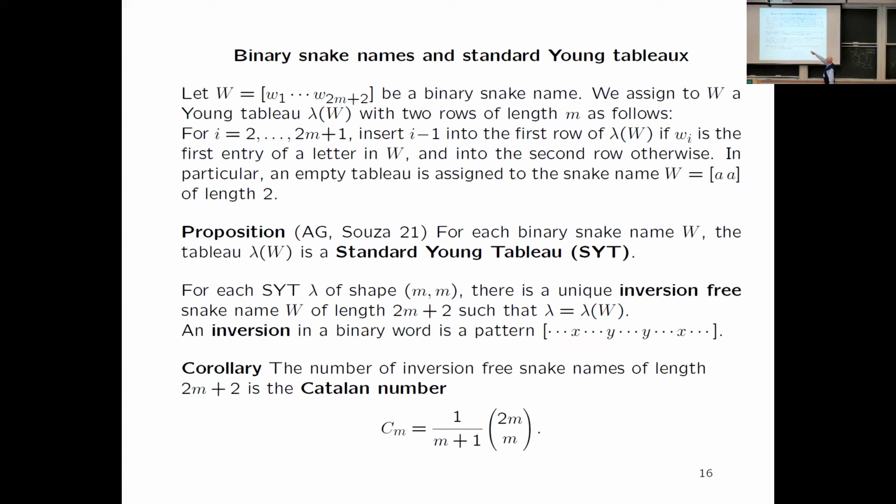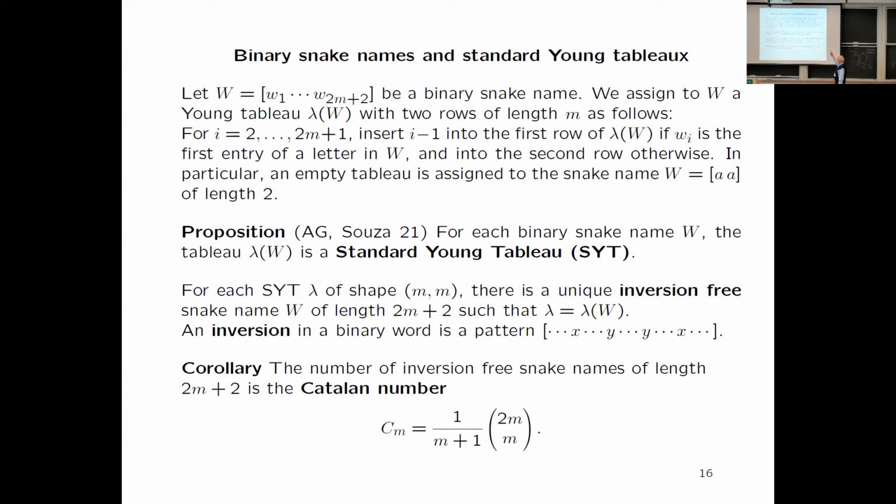So we start with the second letter, i equals 2, and insert i minus 1 in the first row if this is the first entry of the letter, and then in the second row if it's the second entry of the same letter.